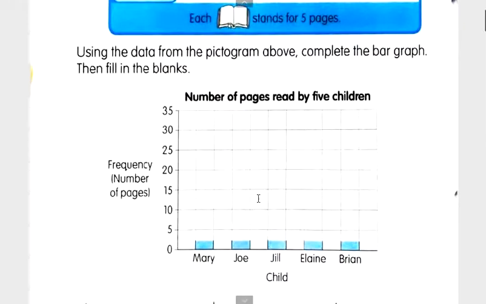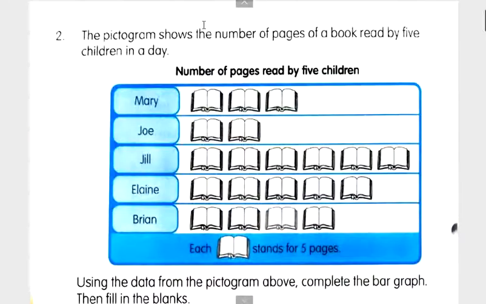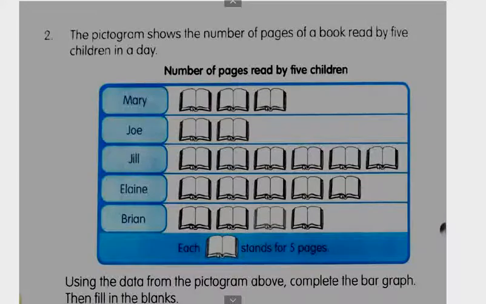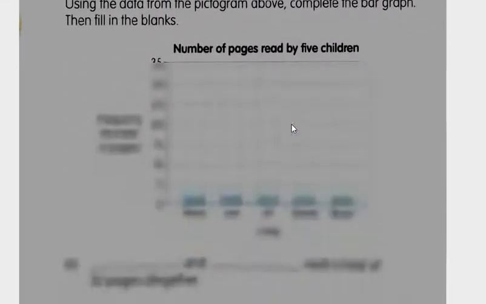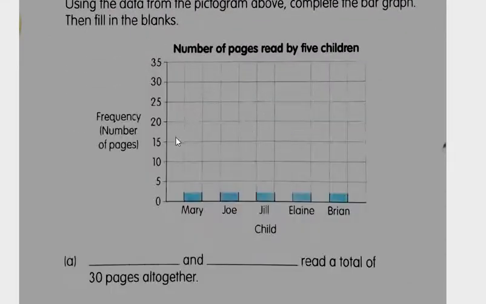Look at Mary. How many are there? So let's count. Mary, this is 5, 5, 5. So how many are there when you make a total? 15 pages. So how to do it? Mark 15, and you get the limit.